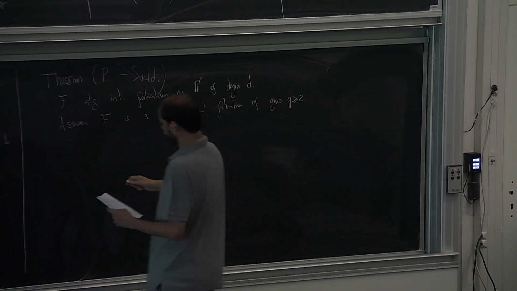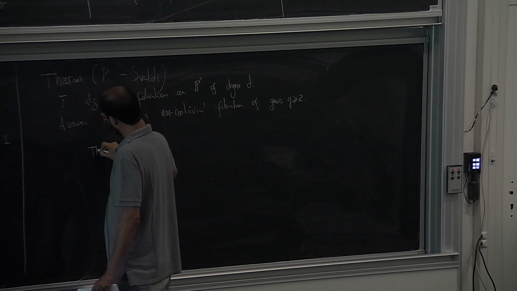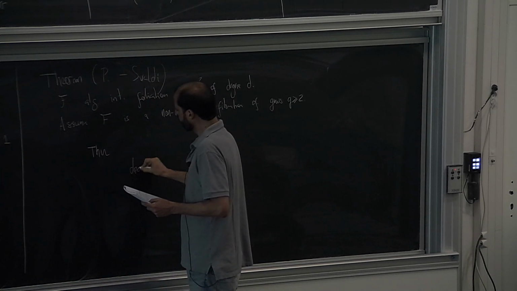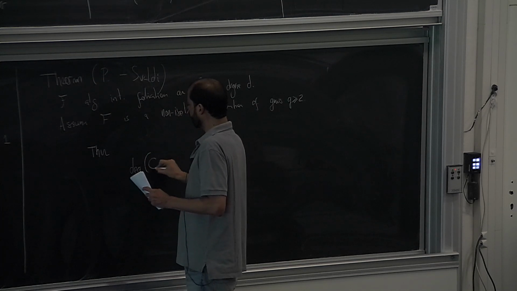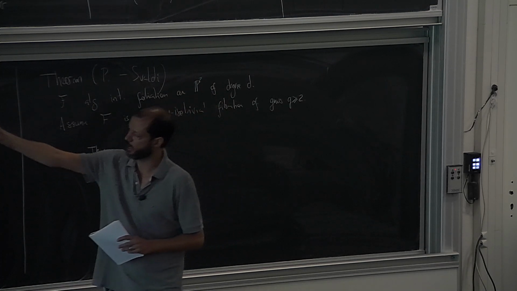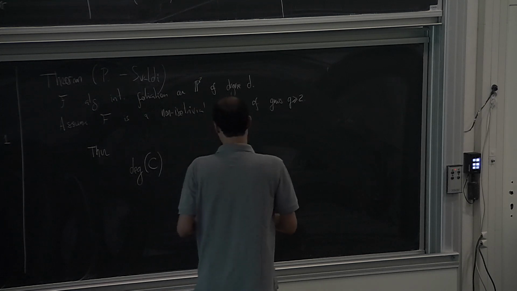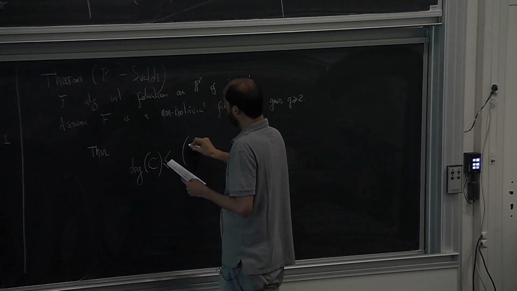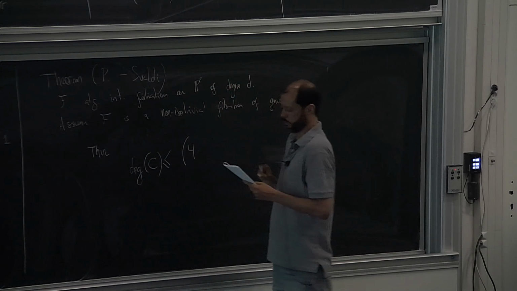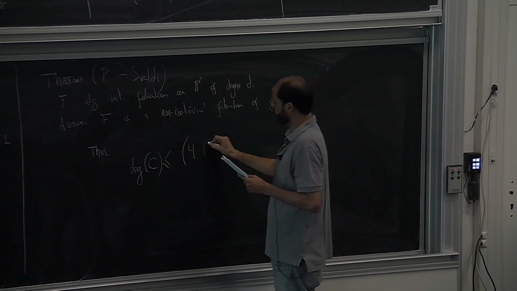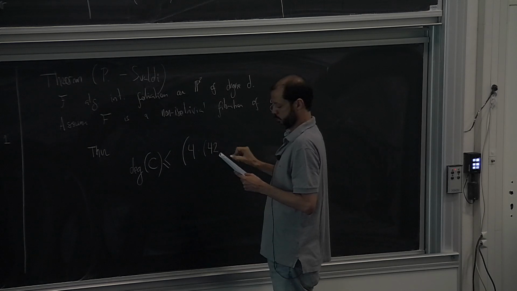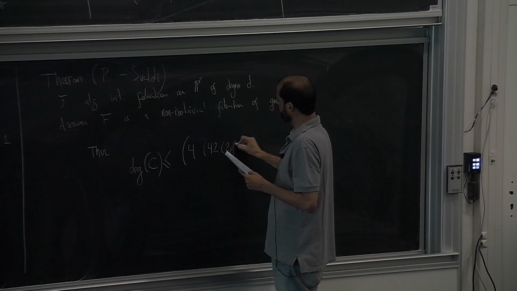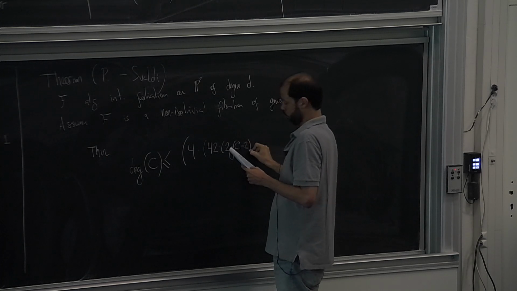And then the degree of the general leaf, we are aiming at something close to that, is at most 4 times 42 times 2 genus of C minus 2.